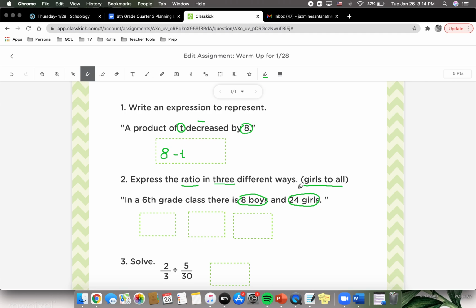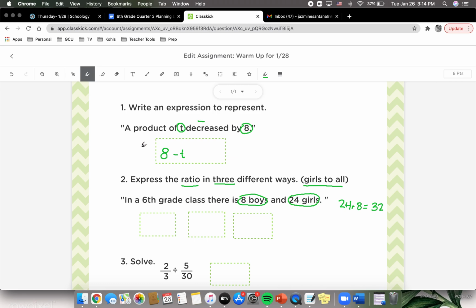So we need to add the boys plus the girls, so 24 plus 8, because 24 is the girls and 8 is boys. Add them together to get the whole class total, which is 32. And now we need to write 3 ratios to represent 24 girls to our 32 students within the class.